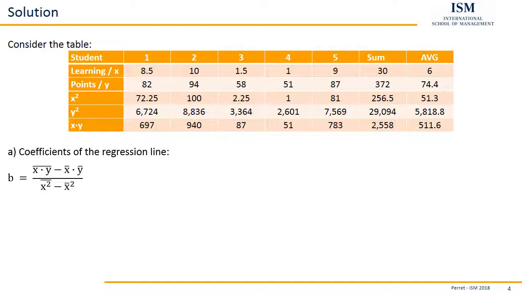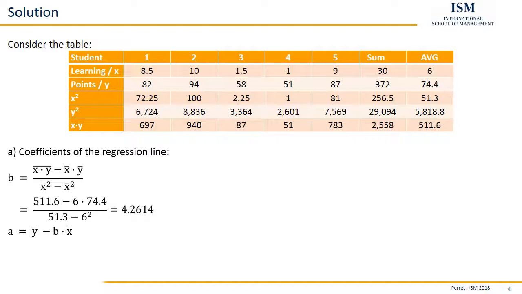And all of this is divided by the average of x squared, so 51.3, minus the average of x squared, so 6 squared. Inserting the values and calculating this expression gives us a slope of 4.2614.